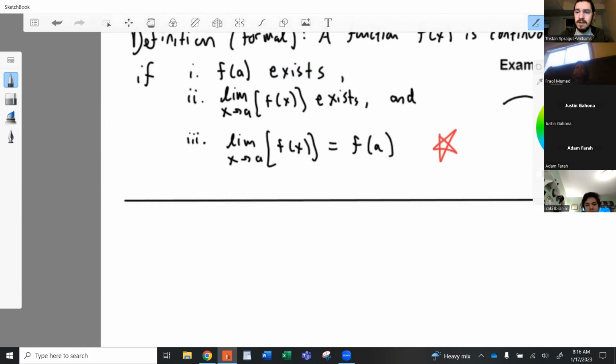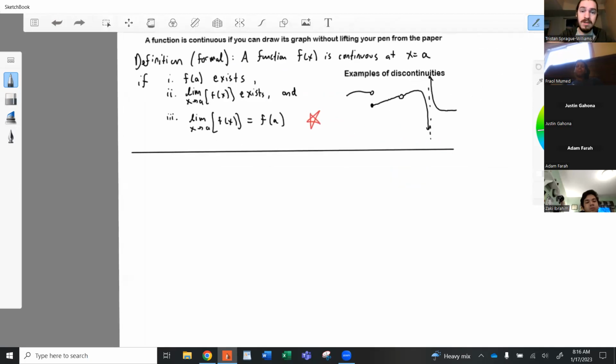So zooming in on this, if we know that a function is continuous, we can evaluate this limit by just evaluating this f of a. If you know it's continuous, those things are equal to each other, so it's that simple. All right, so it's really useful to know when a function is continuous and when it's not.